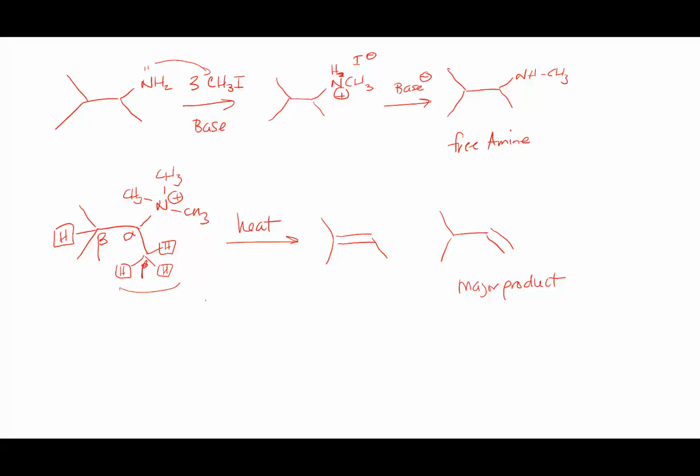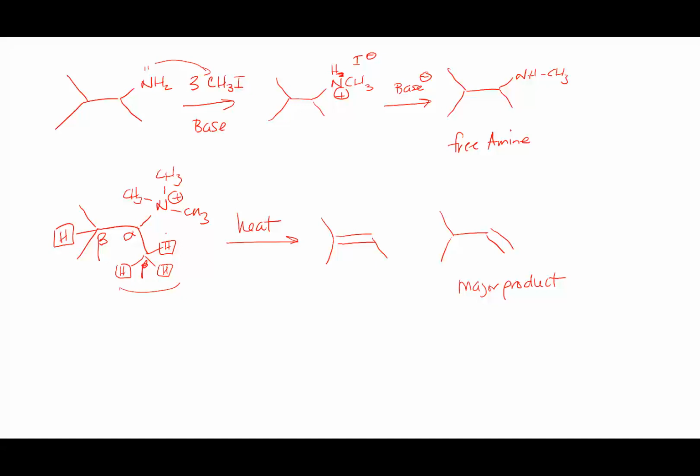But when you do Hoffman elimination, there's no base. It's heat. This reaction is driven by heat. This nitrogen group, you'd think, oh, it'll just fly off of the carbon. It doesn't. It takes heat to get rid of it.